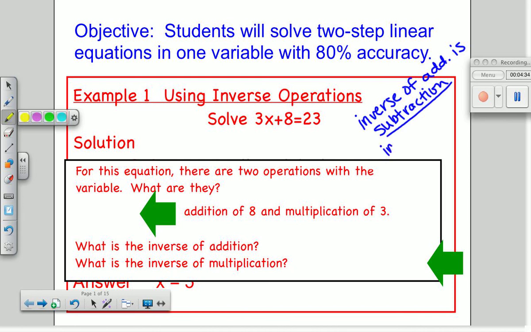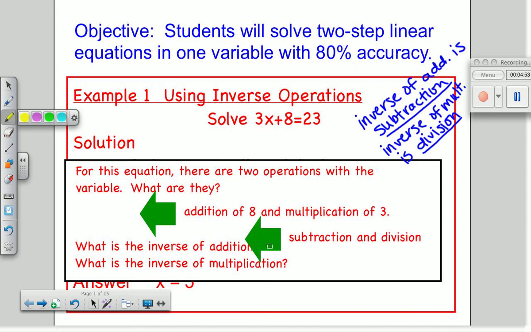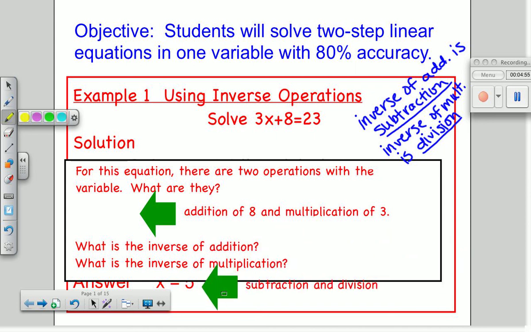And inverse of multiplication is, hopefully you said division. So subtraction and division are the inverse operations.